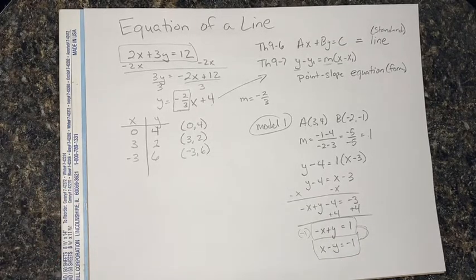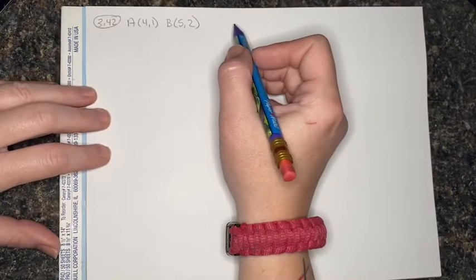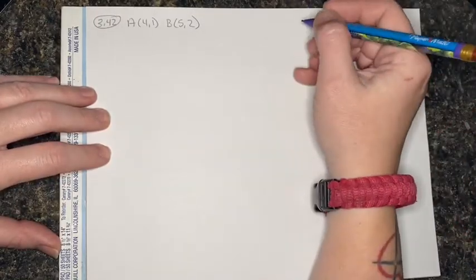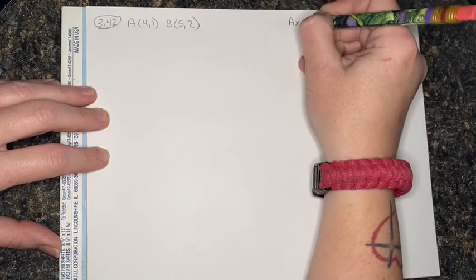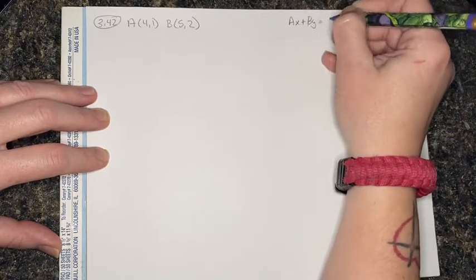Okay, let's take a look at some of the homework. If we take a look at problem 342, it asks us to write in the standard form of the equation of the line passing through this given point. Okay, so here are our points. And remember, our standard form, okay, is ax plus by equals c, right?